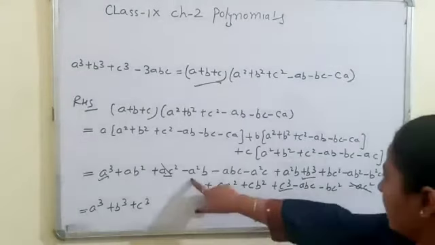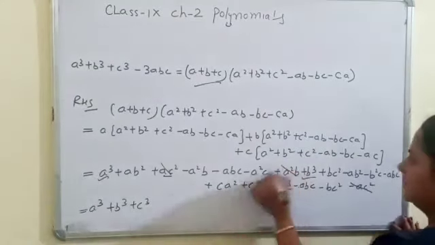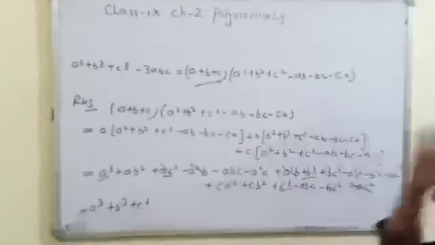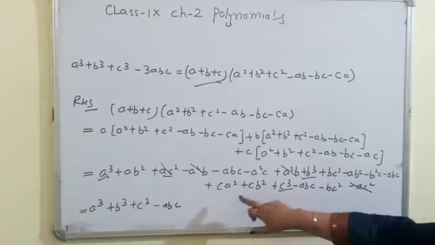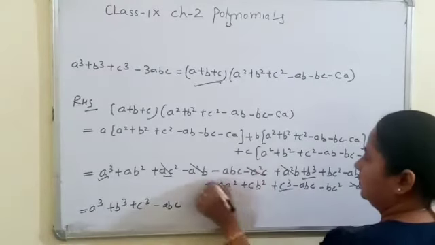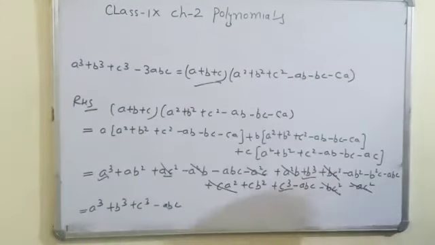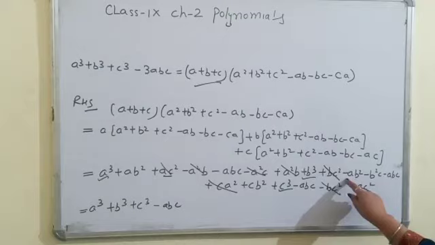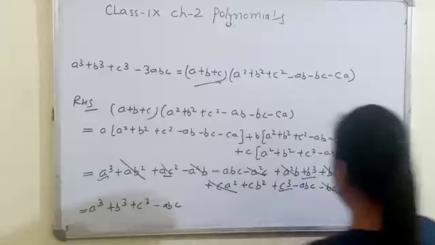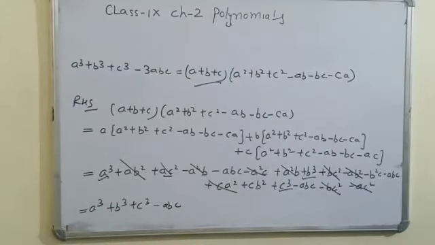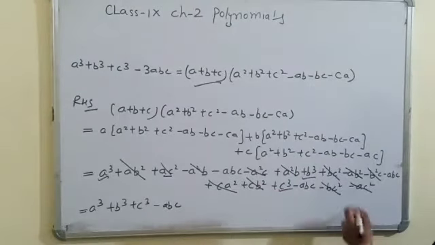Minus abc. And next is minus a square c plus a square c, so cancel them. Next is plus bc square minus bc square. Minus ab square cancels with plus ab square, and the next is minus b square c, cancel it with the plus b square c. So what do we have left?